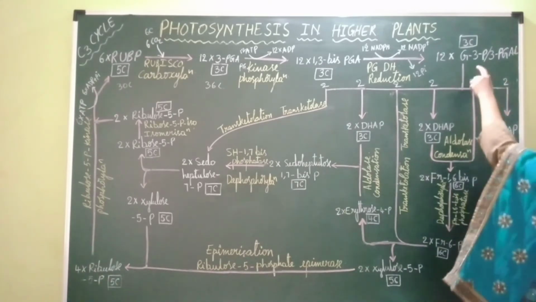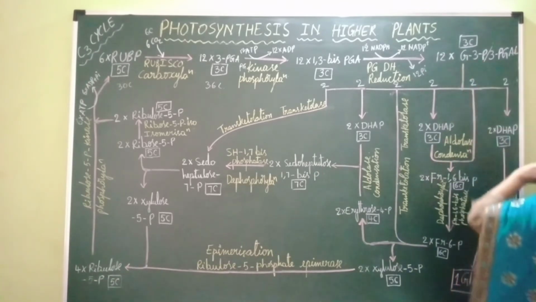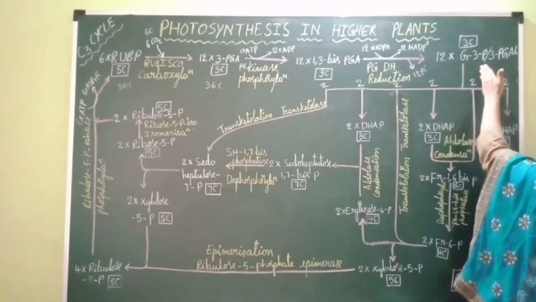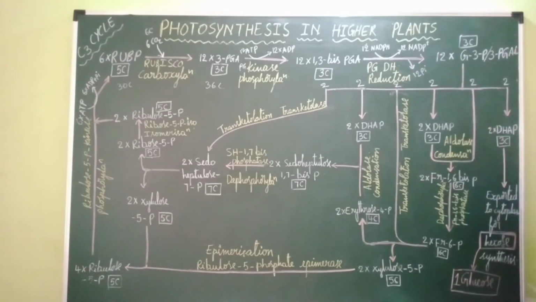This is a 3-carbon compound again. How many molecules are formed? 12 molecules are formed. Among these 12 molecules of G3P, or trioses, 2 molecules are exported into the cytoplasm, where they are utilized for the synthesis of hexose, that is 1 glucose molecule.